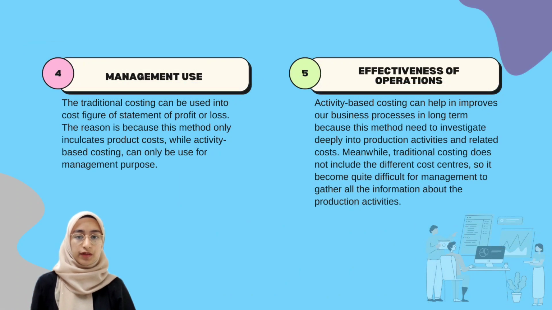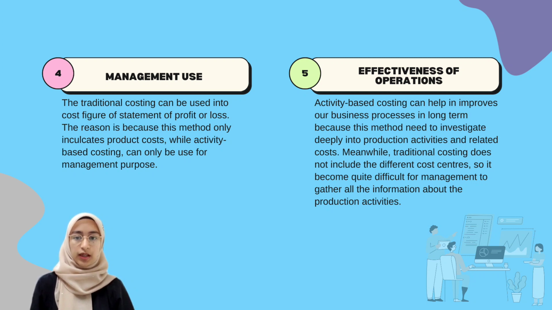The fourth difference is based on management use. Traditional costing can be used for the cost figure in the statement of profit or loss. The reason is that this method only includes product costs, while activity-based costing can only be used for management purposes. The last difference between activity-based costing and traditional costing is based on the effectiveness of operation.